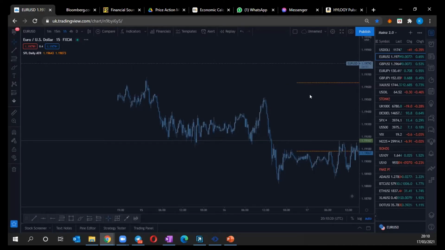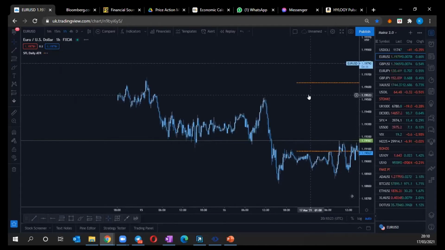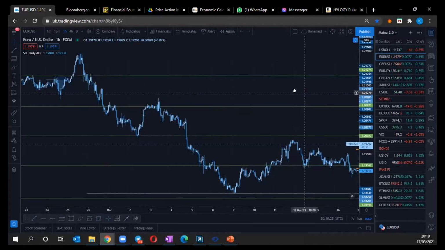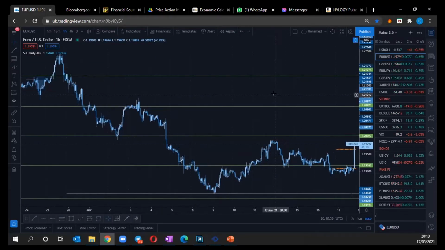But another aspect that comes into this is your risk exposure. If you're entering a position on Eurodollar, let's say 2% risk, and you're buying Eurodollar and then you've got another buy order on pound dollar as well, essentially at the end of the day you're doubling down your risk because you're trading two very, very closely moving assets.